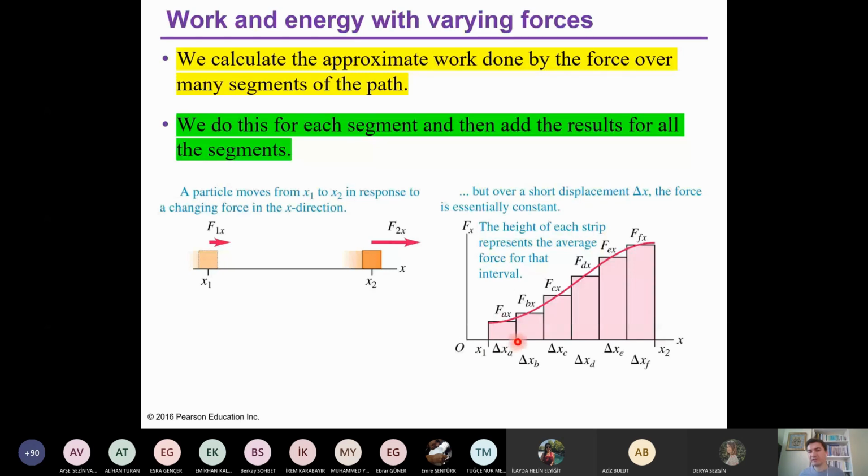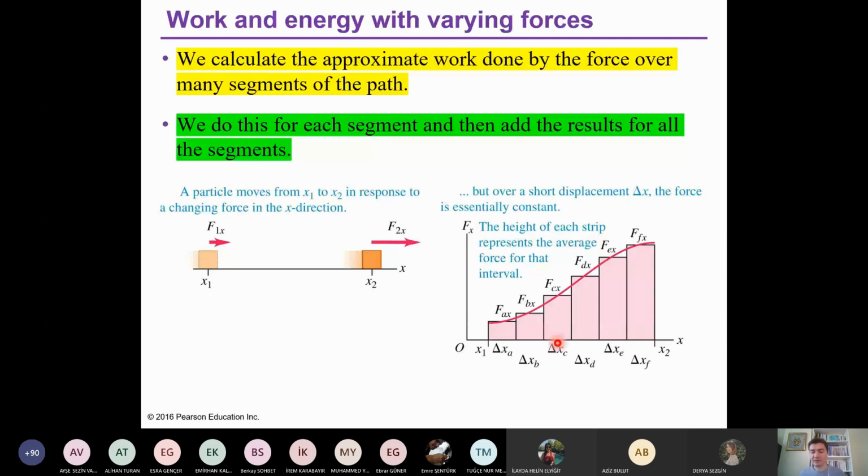For this displacement, more or less constant force, and in the third displacement, again more or less constant force. Then the area of this column is FAx times delta xA, and the area of the second small segment is FBx times delta xB. So each segment gives us the work done during this delta x displacement.